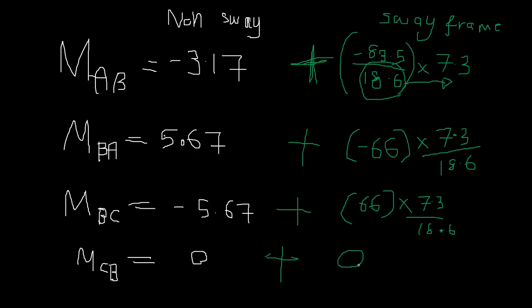So this is anyway 0. So the final values would be how much? So 7.3 over 18.6 is going to be 0.4, right? So we need to multiply these values by 0.4.